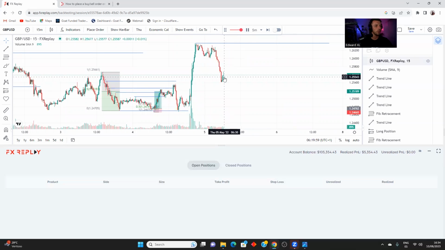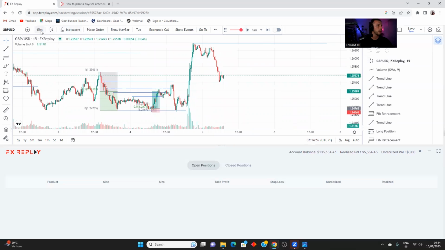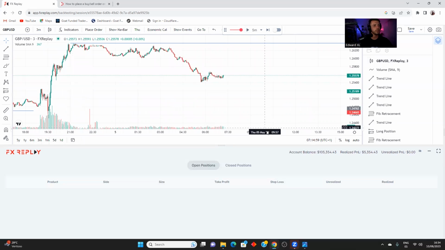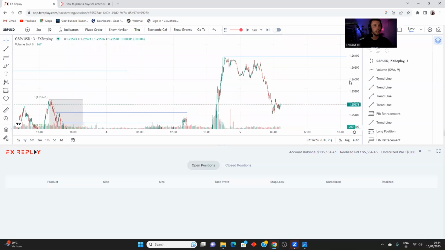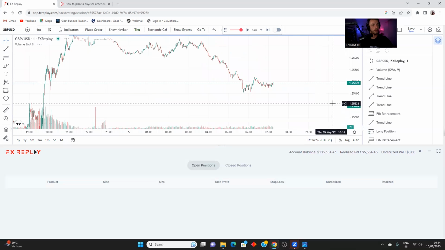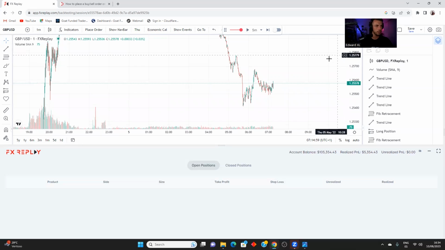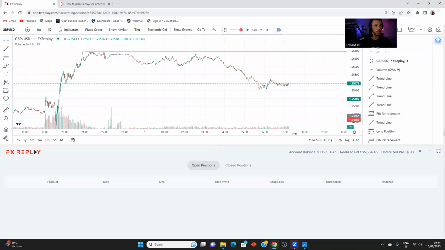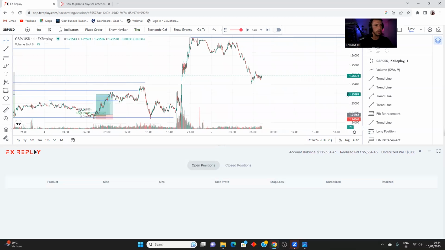Waiting for London start. It's just started right now, and I drop to lower timeframes, and Asian range is trending. Well, let's see if I can catch a fake change of character to the downside.